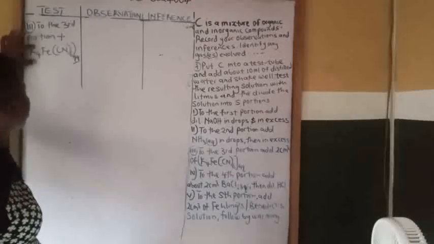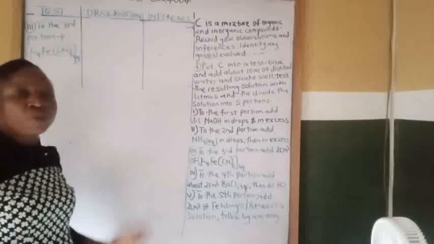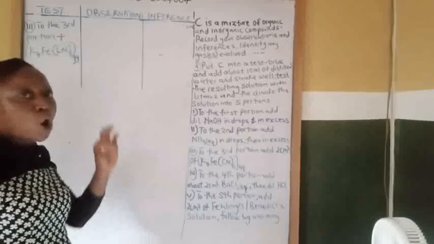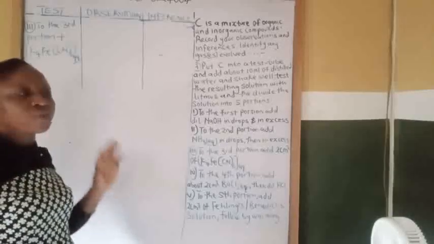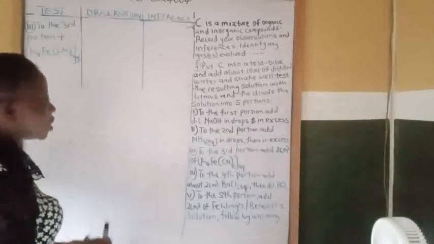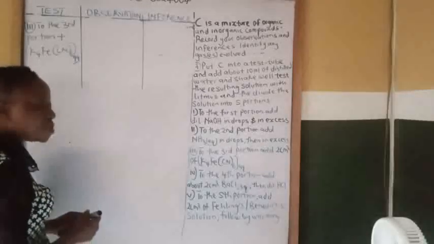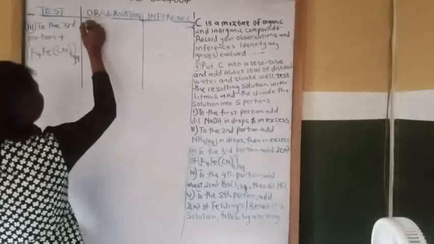So what would be our observation when our solution is added to potassium ferrocyanide? When they add potassium ferrocyanide to a compound, they want to test for copper. So we are going to use that potassium ferrocyanide to test for copper. So our observation will be brown precipitate.